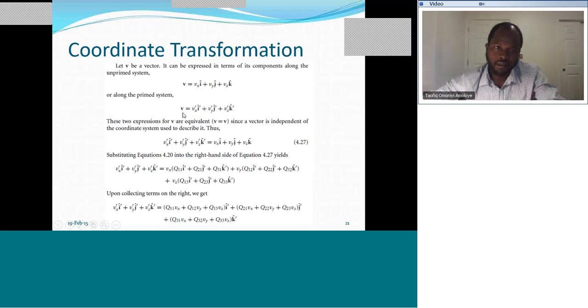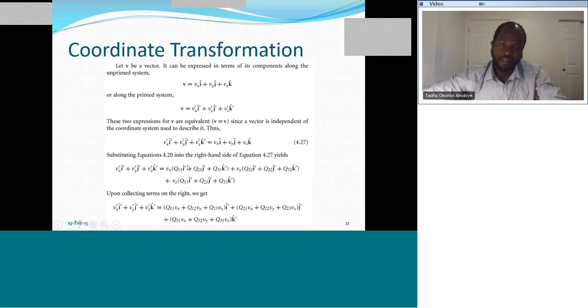The two expressions of course must be equivalent because we are talking about the same vector, and the expression of a vector is independent of the coordinate system used to describe it. So the two expressions must be equal. That's why we have equation 4.27.